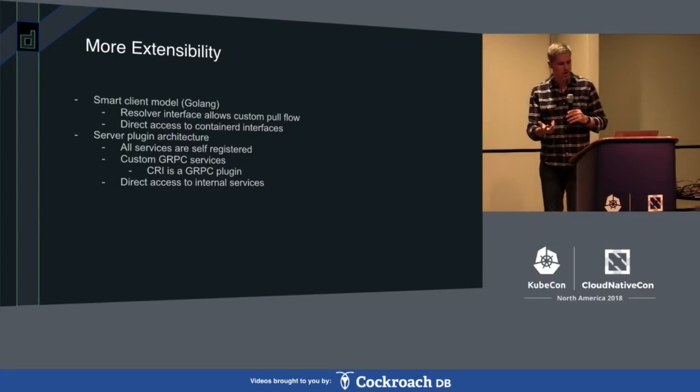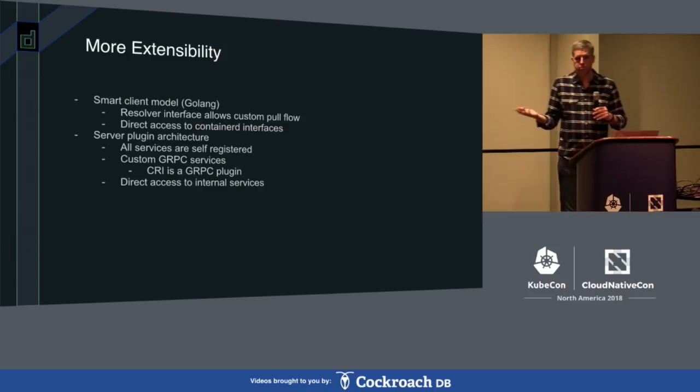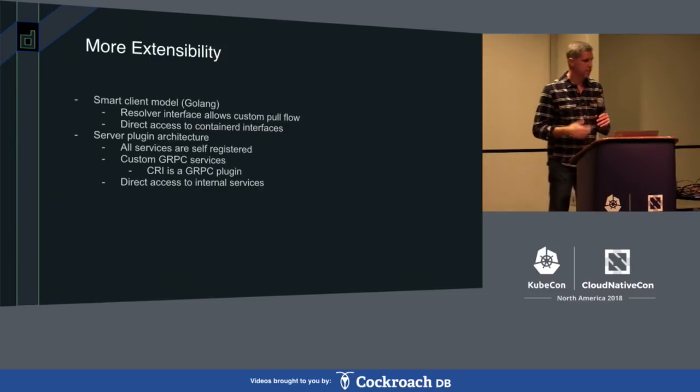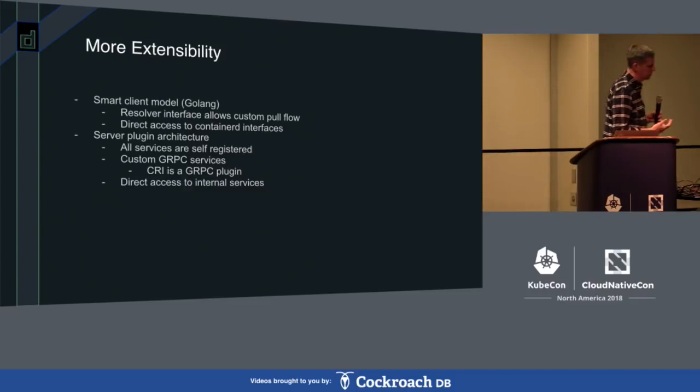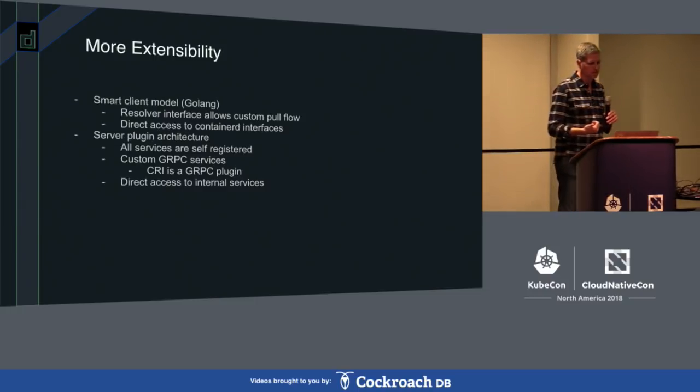Mike's going to talk about CRI, but again, the plugin model is very flexible in that you can self-register a plugin to do whatever you want it to do, and even have custom gRPC services that way. At this point, a lot of people are finding Containerd to have all those core features you'd like in a runtime, but also be extremely flexible.